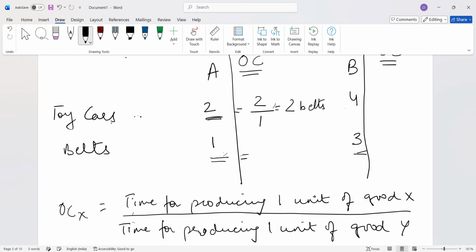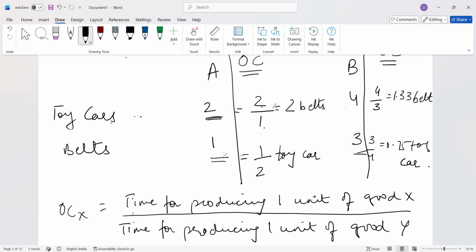If I am taking the opportunity cost for belts, it would be the time taken to produce 1 unit of belt, that's 1, divided by the time taken to produce 1 unit of toy car, which is 2. That is half, or you can just take the reciprocal of the first one, which is half a toy car. Similarly, for B, it would be 4 by 3, which is 1.33 of belt, and it would be 3 by 4, which is 0.75 of toy car.